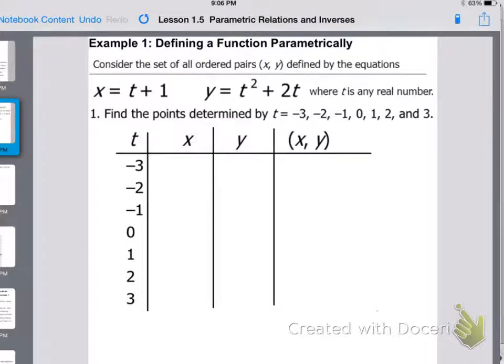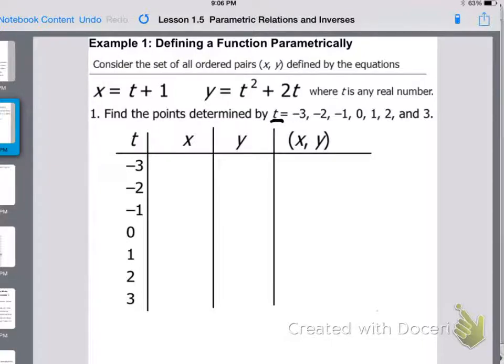I say tends because here our parameter is t, however, it doesn't look like it's going to represent time because of the negative t values that we have. Nonetheless, let's look at this parametric relation.